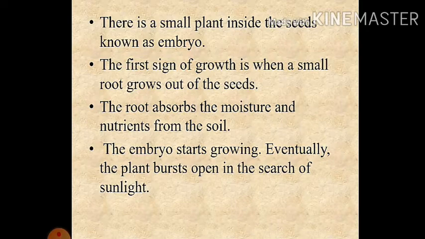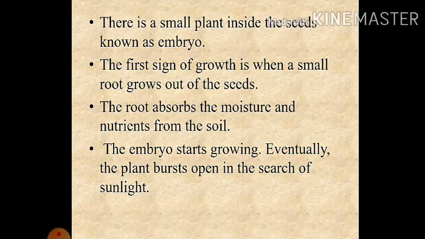The first sign of growth is when a small root grows out of the seed. So we can say that the seed is growing into a plant when a very small root grows out of the seed. The root absorbs the moisture and nutrients from the soil.